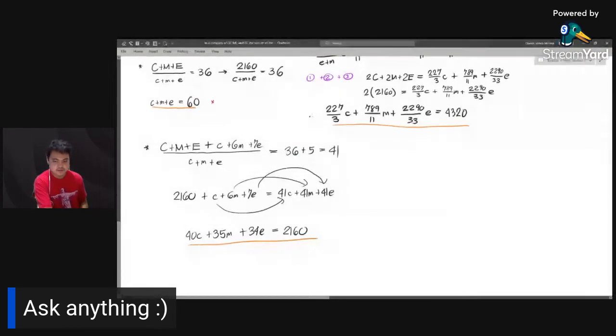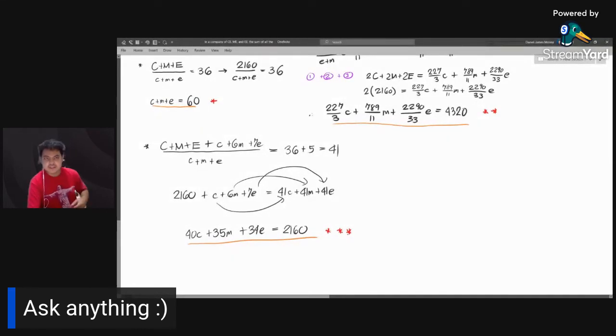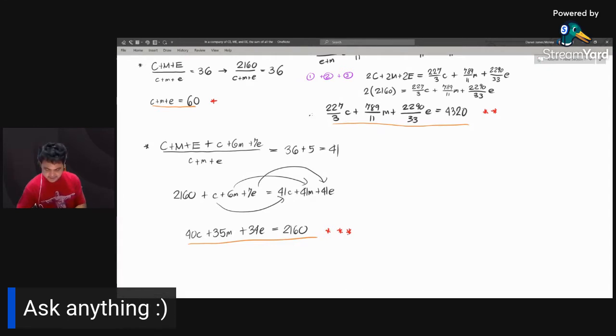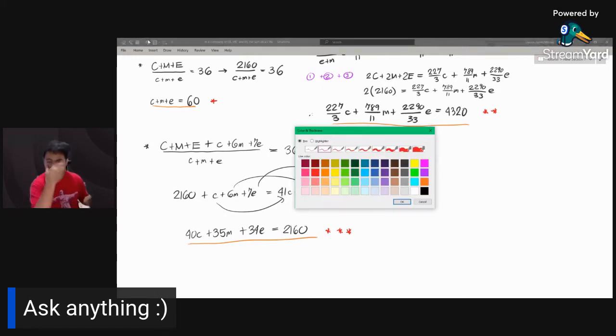This one, and this one. Okay, actually, pwede na natin yan. Ito na siguro yung ikakalkyulador ko pag ako. Okay, basta ikakalkyulador ko na to.